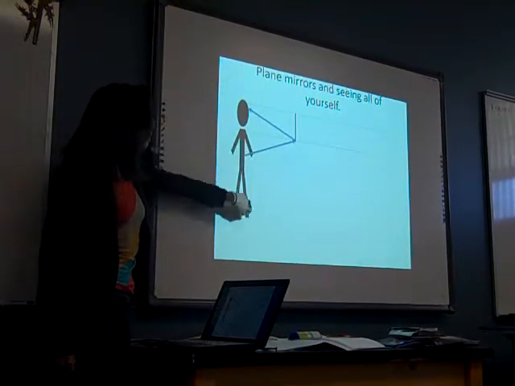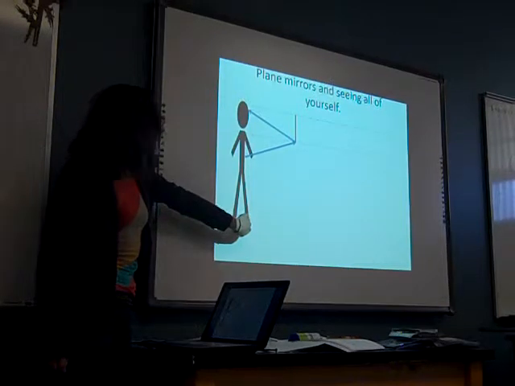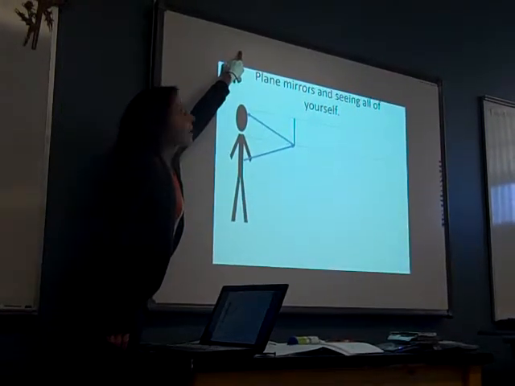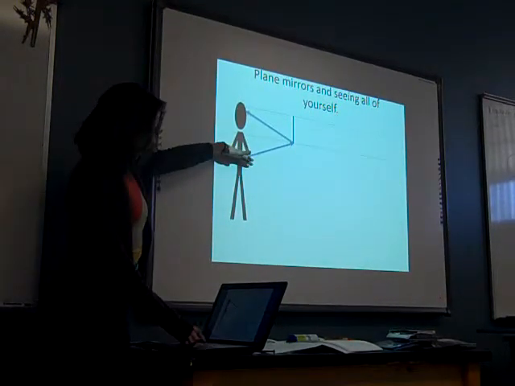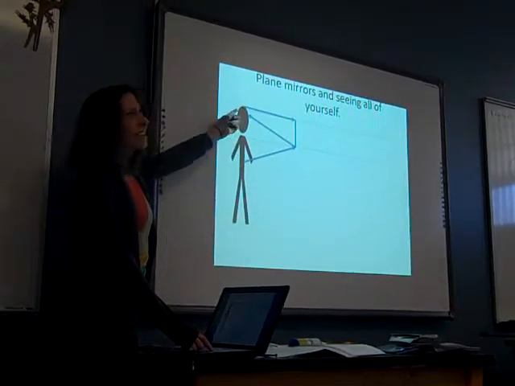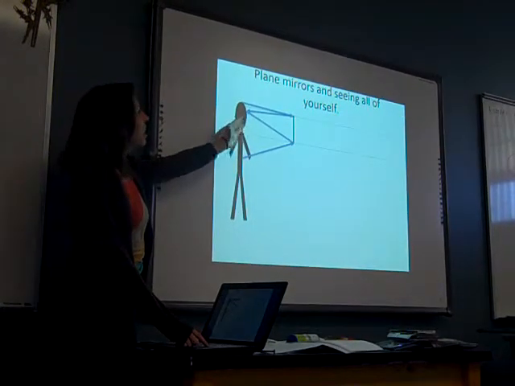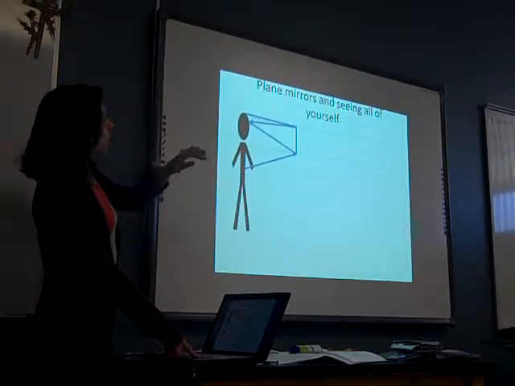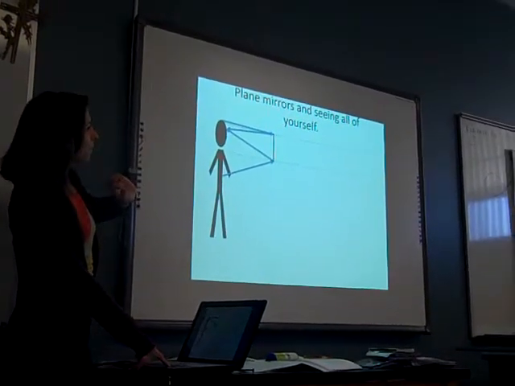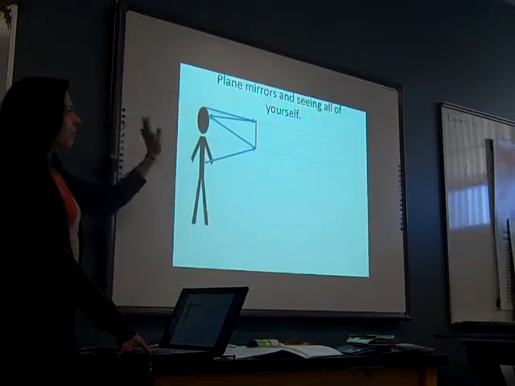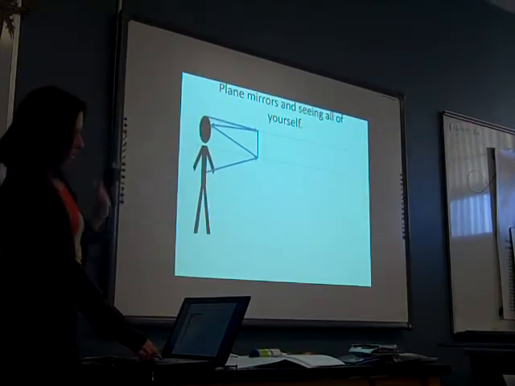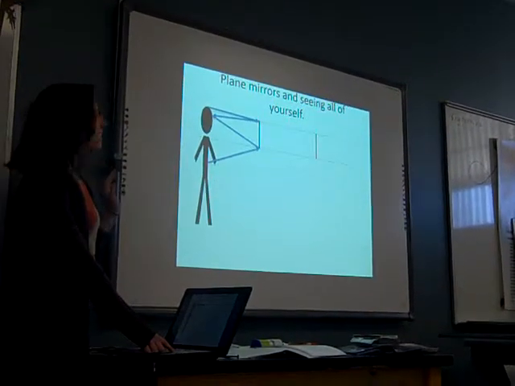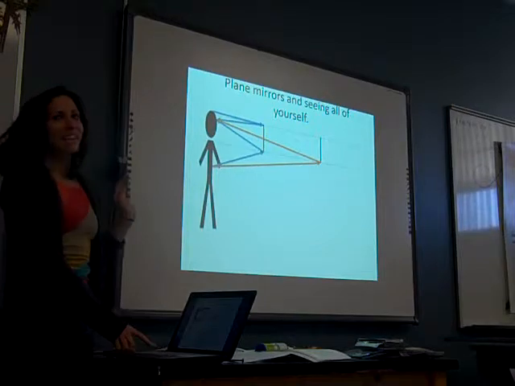If I wanted to see my feet, the ray from my foot would go here and then miss my eye. So that's the part of my body that I can see. And then here's the top part. I can definitely see the top of my head, but that's the extent of what I can see. Now, if I move the mirror back to here, what I can see is exactly the same.